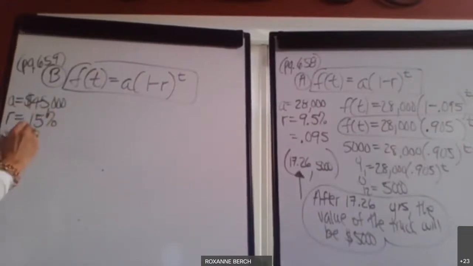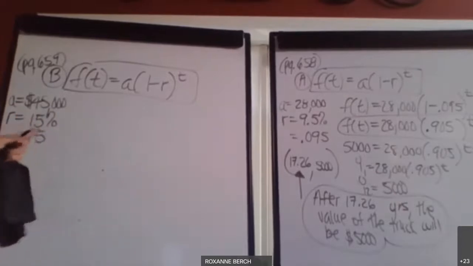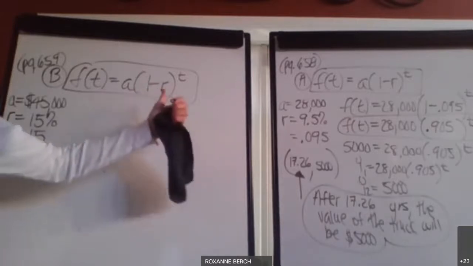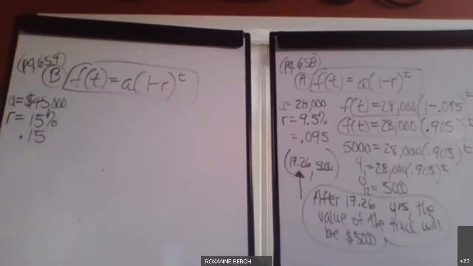So that would be 0.15, because percent means per 100, so divide by 100. Each year. Write an exponential for the depreciation. So depreciation means decrease of the sports car, and plot along with the previous. After how many years will the two vehicles have the same value if they're purchased at the same time?